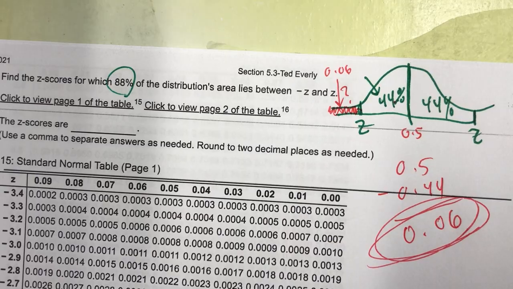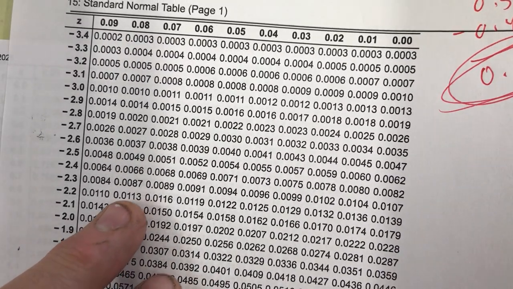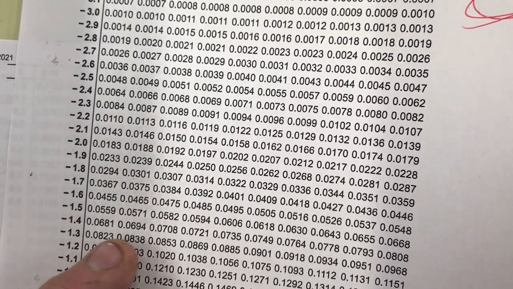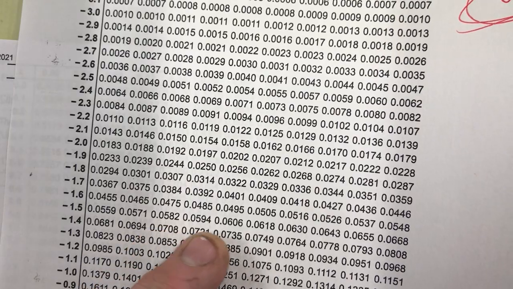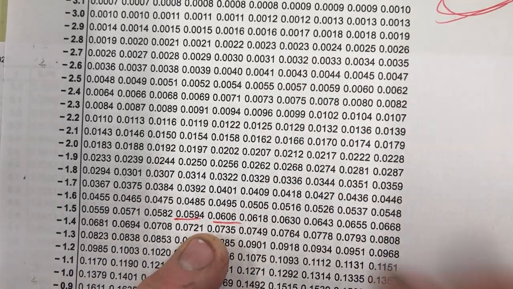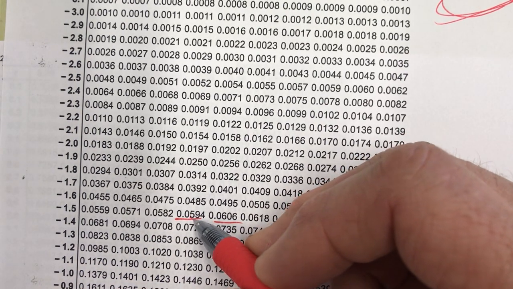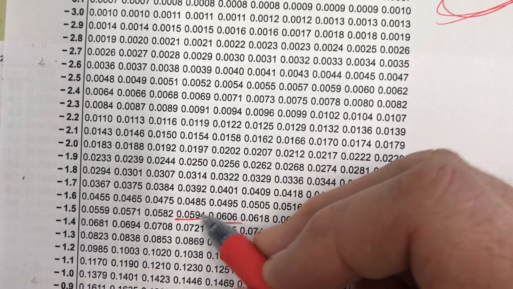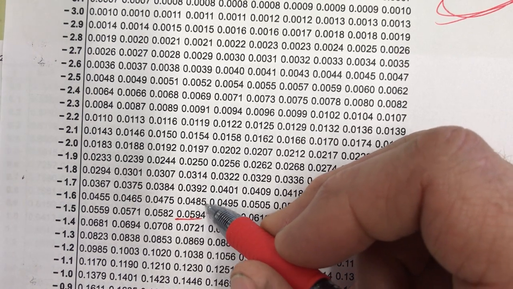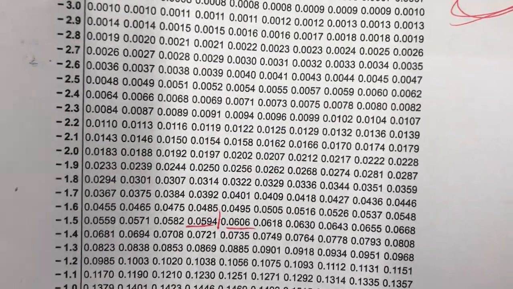All right, so 0.0, 0.02, 3, 4, 5. Okay, here we go. It's between these two right here. 0.06, it's 594, and then here's 606, and they're equally the same distance away, so it's right in between those.